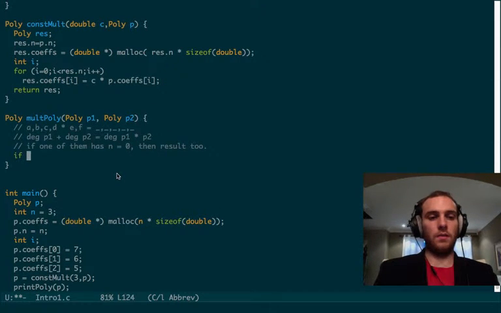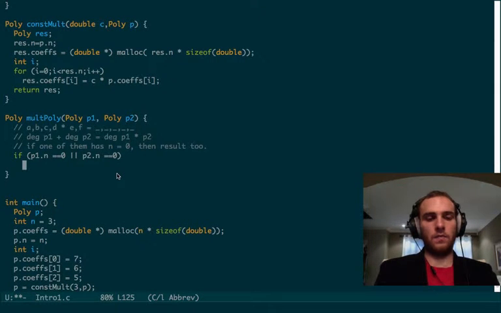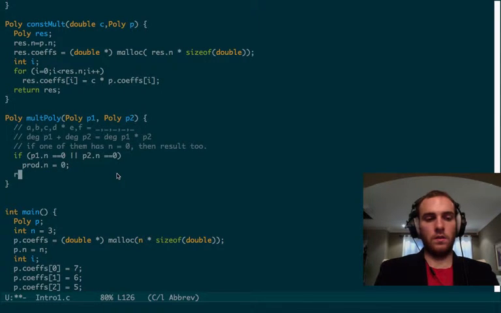Okay, so if p1.n equals 0, or p2.n equals 0, then product.n equals 0, return no.